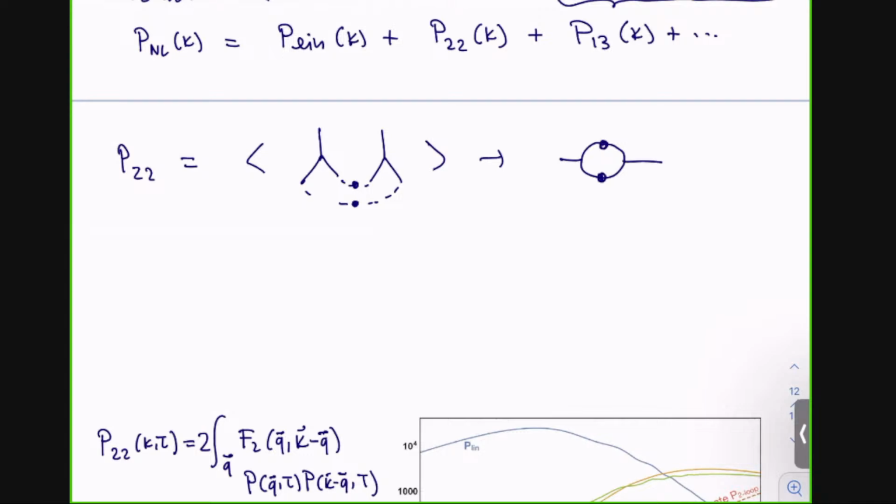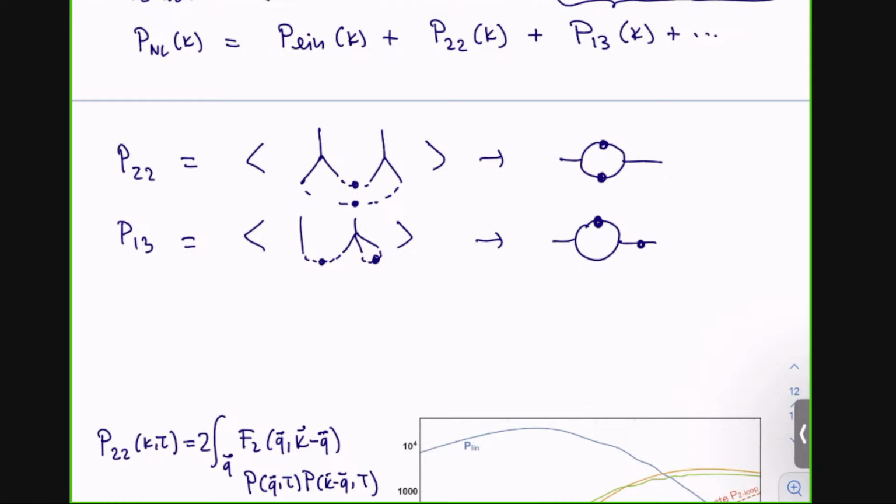And P13 is a contraction of a single linear mode with the cubic solution. In that case, you will have one contraction with external leg, and there will be another contraction like that. And this diagram is sometimes drawn like this. So there is one internal line here, and then there is one external line here.